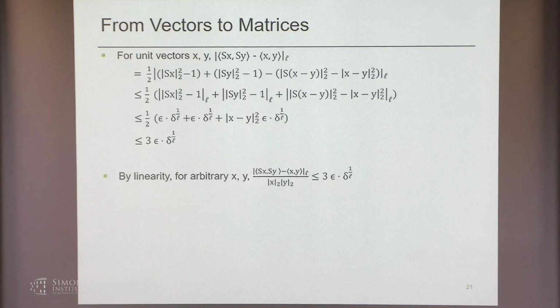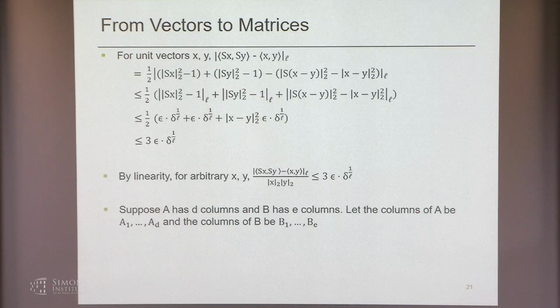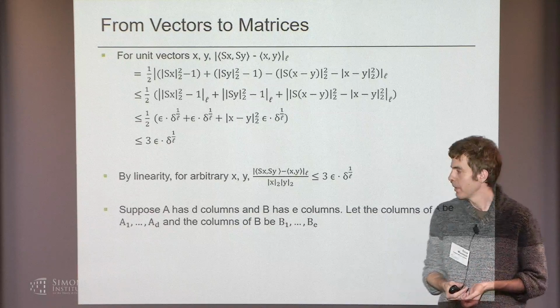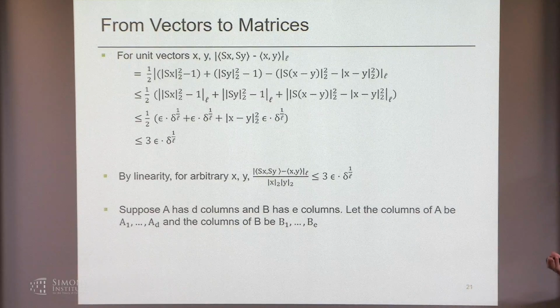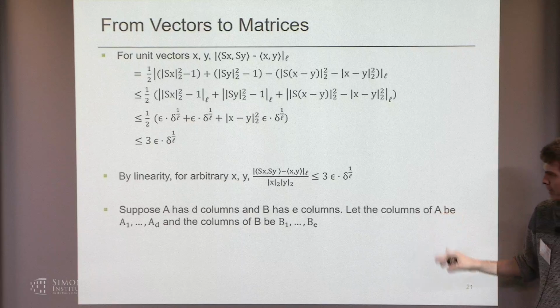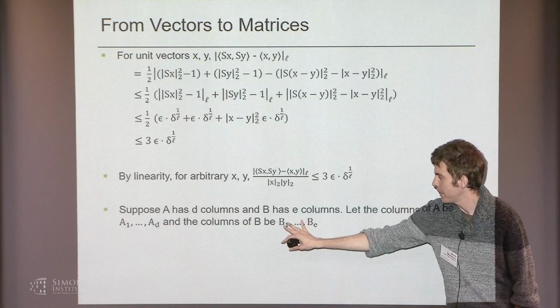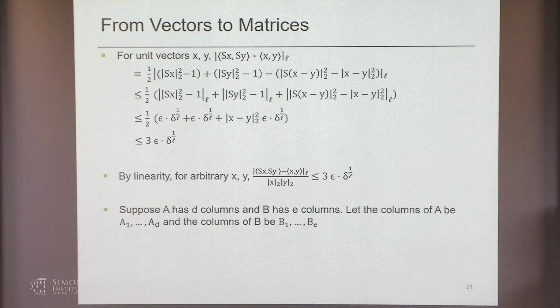Okay, good. So now, why are we doing this? Ultimately, we want to say something about matrix products. So now let's look at a matrix product, and as Jairam mentioned, this basically boils down to a bunch of inner products. So let the columns of A be A1 through AD, and let the columns of B be B1 through BE, say.